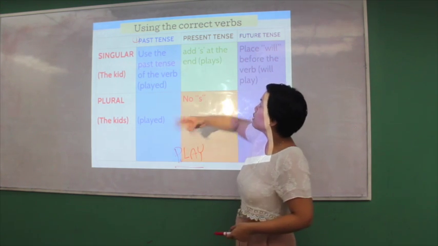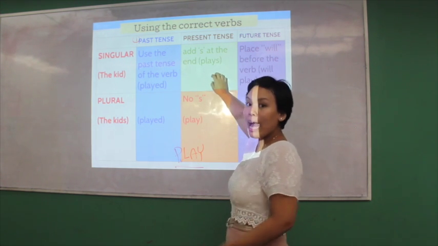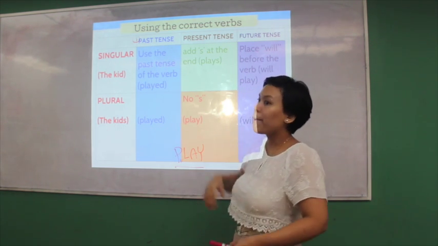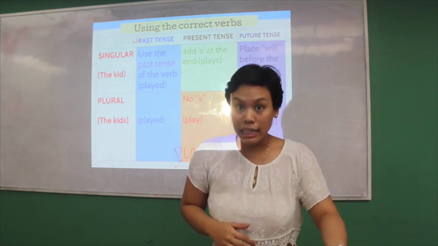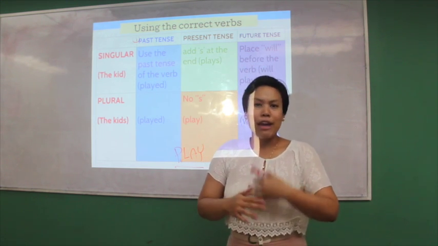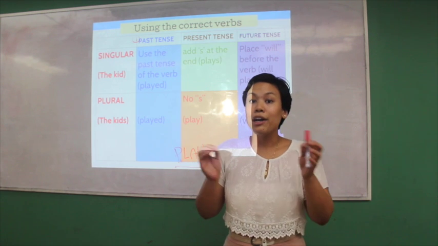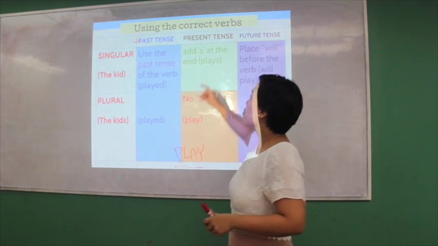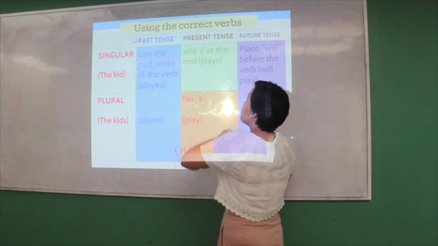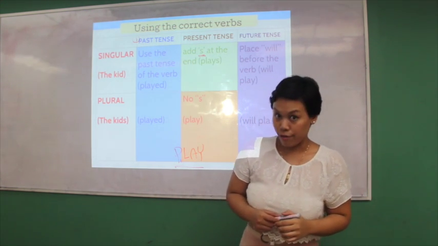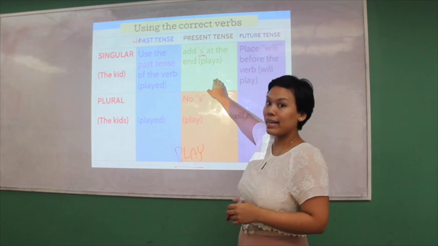Rule number 2 is if it happens in the present tense, which means that it's happening regularly, it happens every day, it happens every week, or it's happening right now, then you have to add S to the end of the verb. So we use the add S rule.